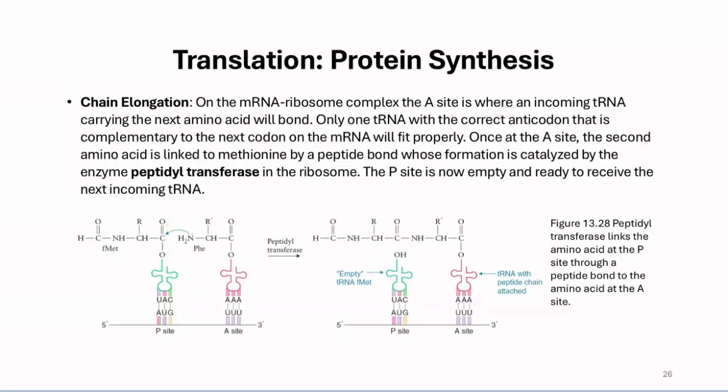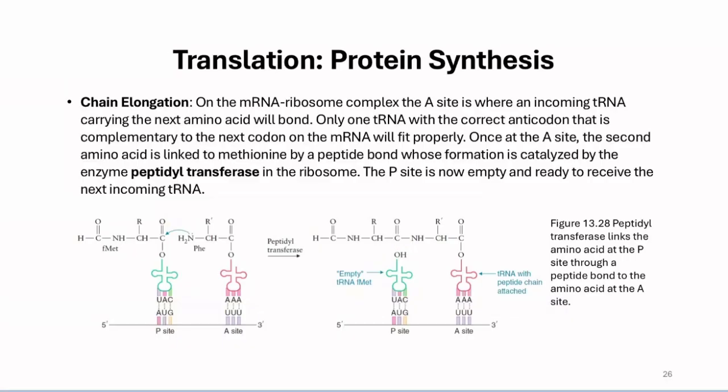Once the amidation has occurred, we observe that the growing peptide is going to be placed on the A site.